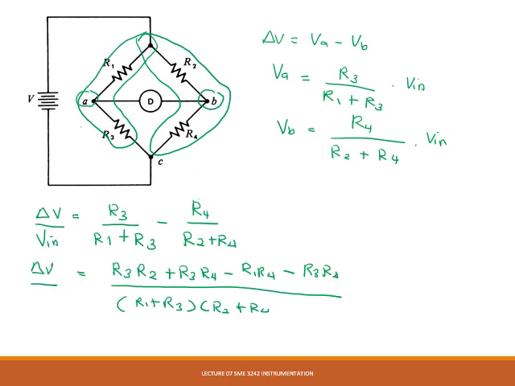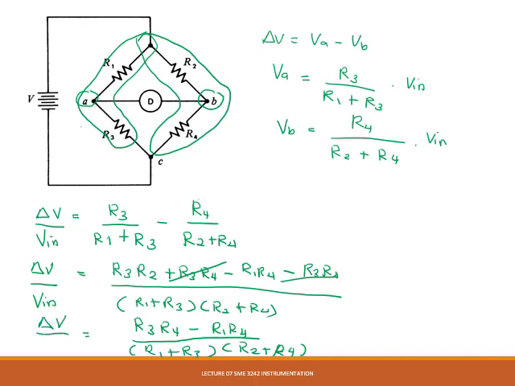Okay, so you can see that we'll be able to cancel this term, so it leaves us with R3 R2 minus R1 R4, divided by R1 plus R3 times R2 plus R4. So this is the full equation for the voltage divider.